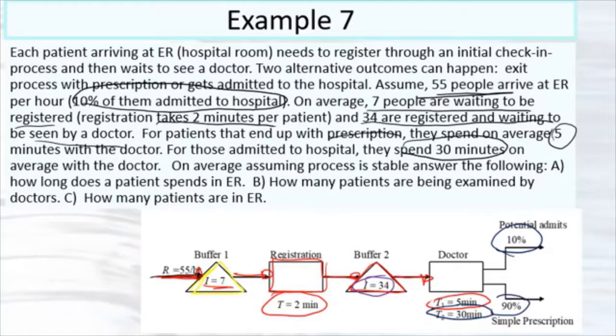Initially we had the flow rate of 55, because that's what they told us, 55 people arriving in the ER. But once we get to the doctor, we split into 10% potential admits, so that's 10% of that flow rate, and the simple prescription patients are 90% of that flow rate.